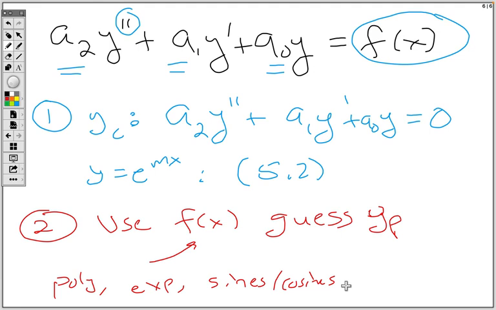So all you're doing is taking the function and its derivatives and you're adding and subtracting them to get the f of x. So if the f of x is built up of those pieces parts, we're going to guess the yp, and then we're going to solve for those, the titular undetermined coefficients, right? We'll find those.